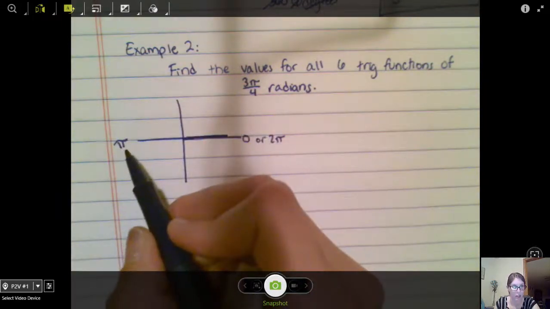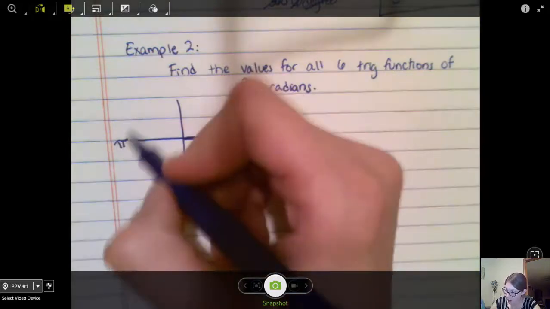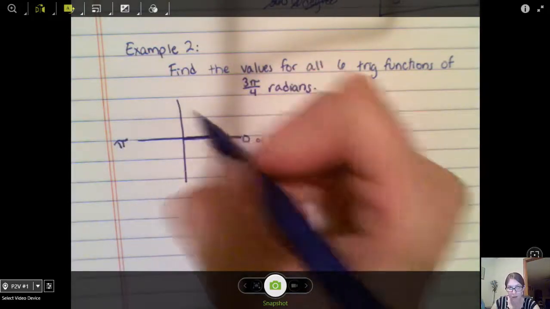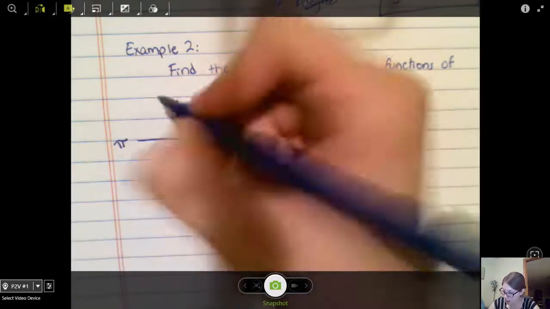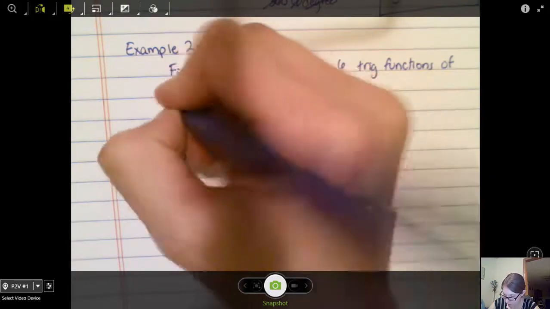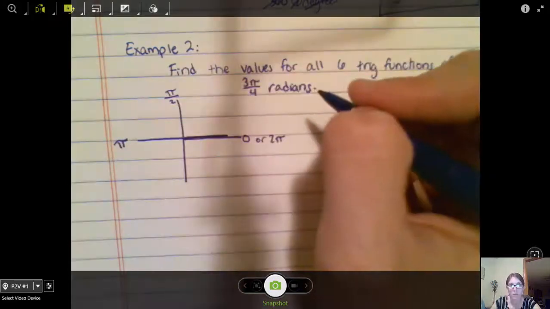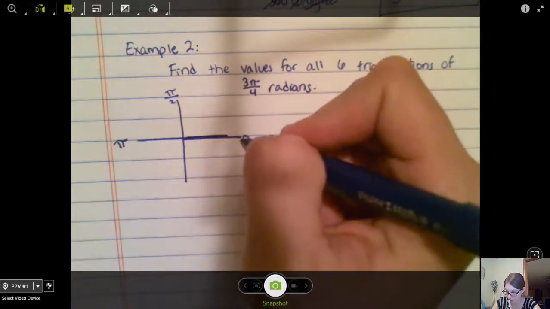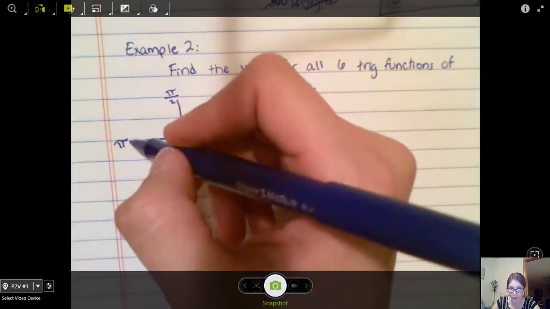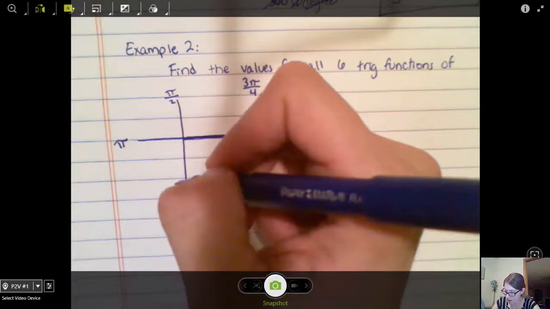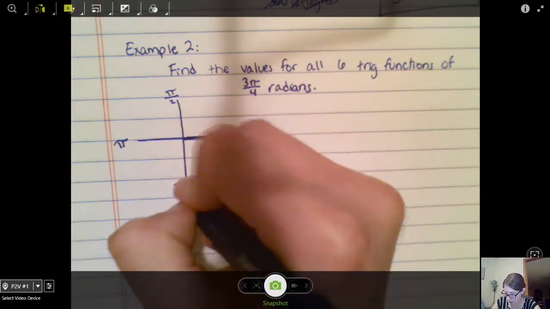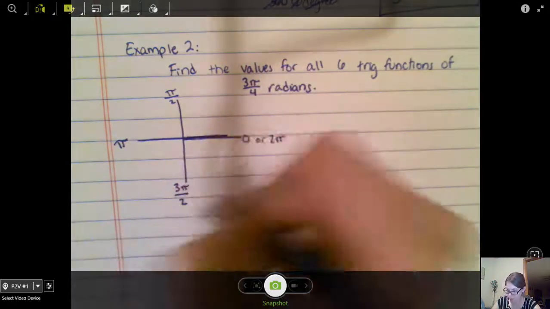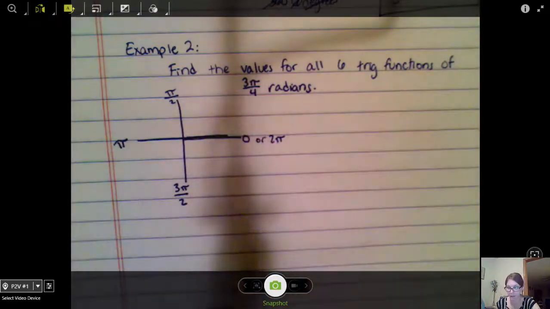So again, 180 degrees is pi. Halfway between 0 and pi is pi over 2. So we have 0, we have half of a pi, we have a pi, then we have 1.5 pi, or 3 pi over 2. And then we have 2 pi.